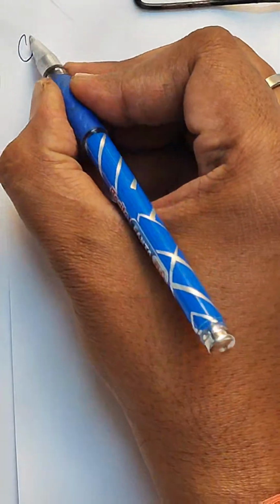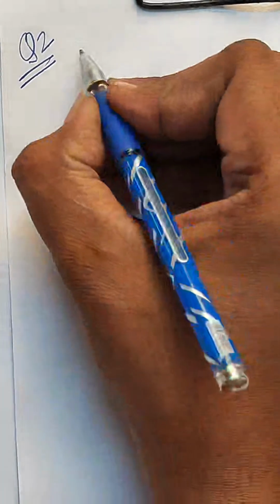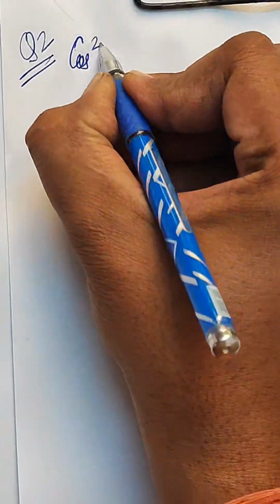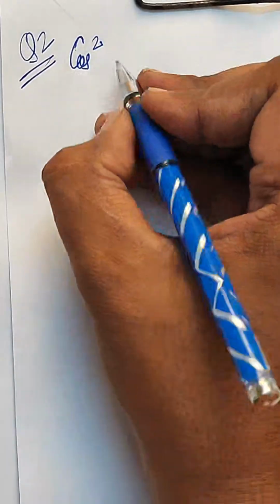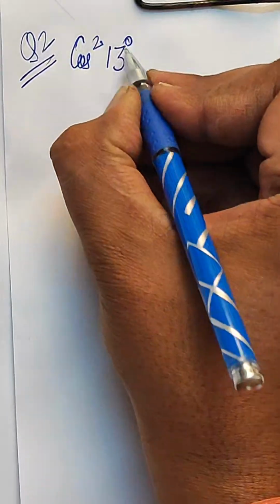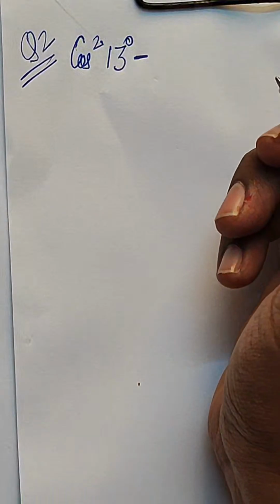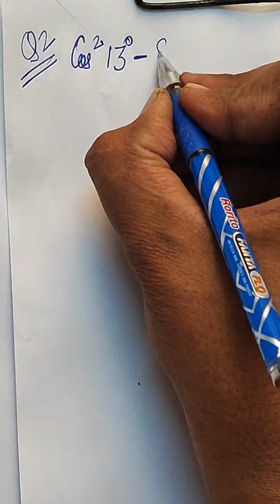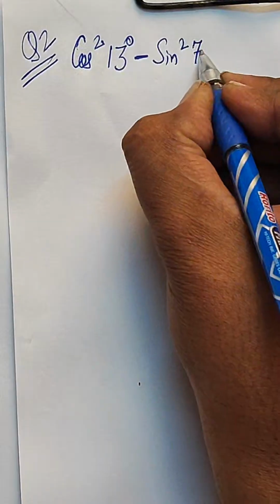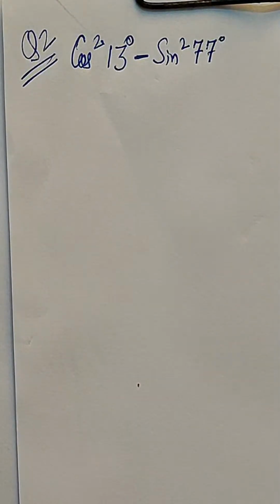The question number 2: cos square 13 minus sin square 77. It's cos square 13 degree minus sin square 77 degree, right?